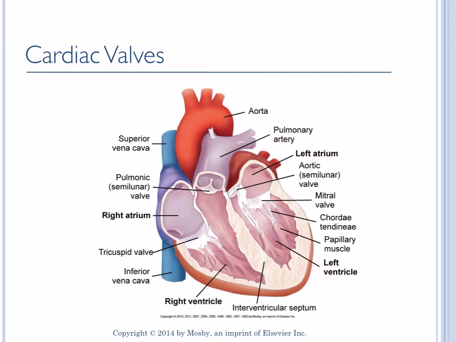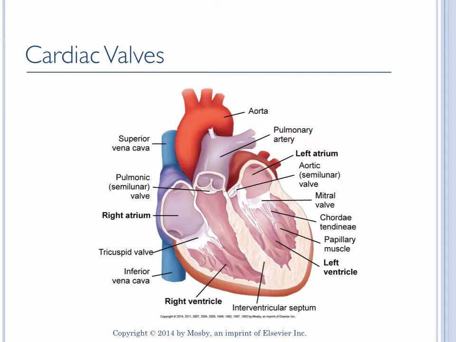The valves between the atria and ventricles are called AV valves, or atrioventricular valves, or cuspid valves. And those valves which are at the bases of the large vessels leaving the ventricles are called the semilunar valves.